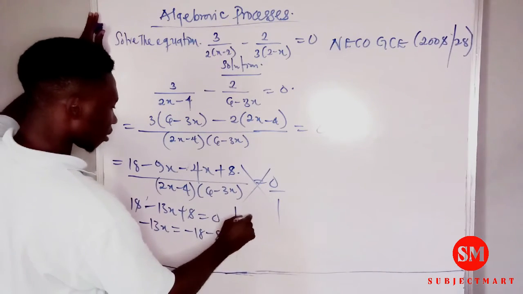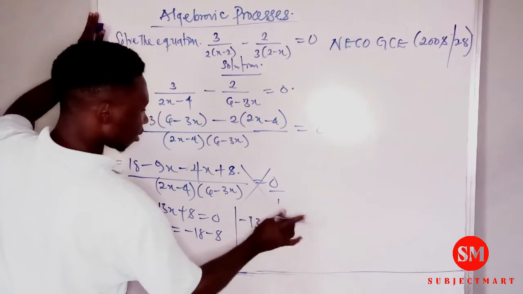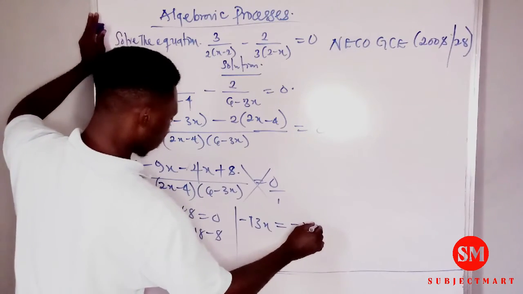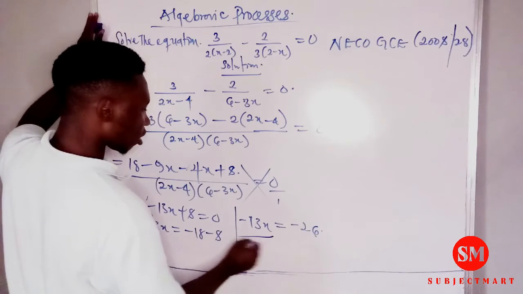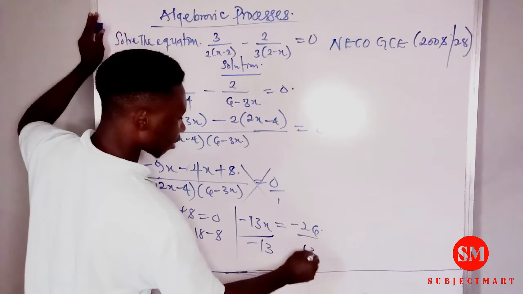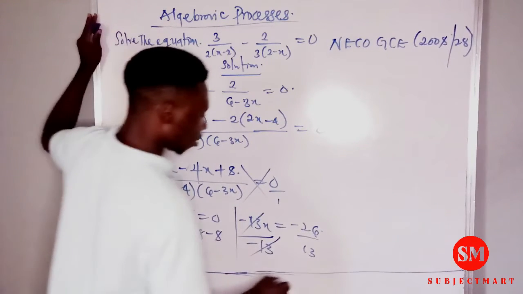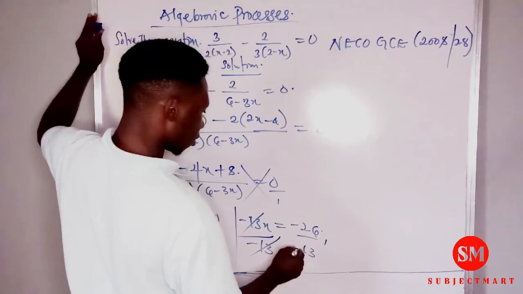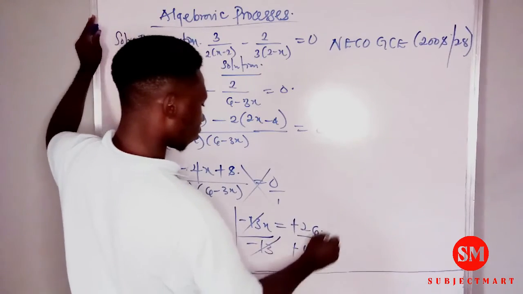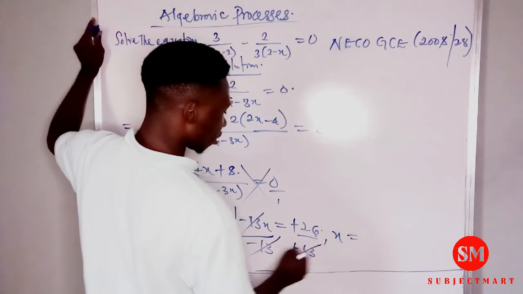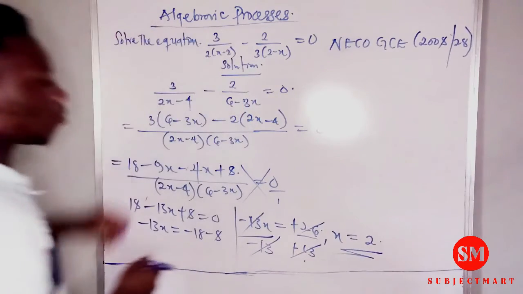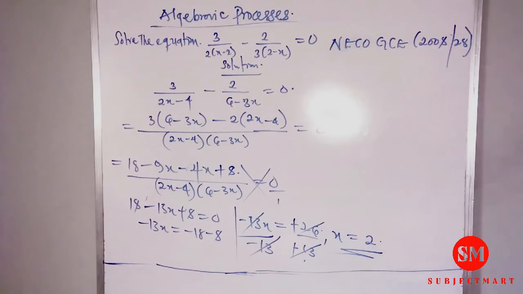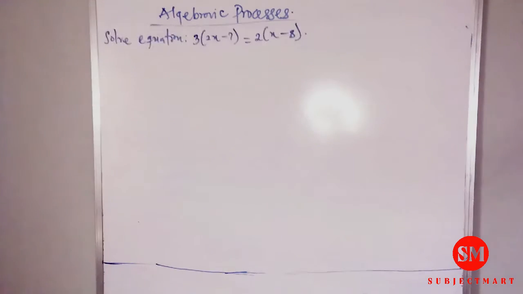This becomes minus 13x is equal to minus 26. So at this junction, divide both sides by 13. So 13 cancel minus 13. So minus cancel minus, so x here is equal to 13 here 1, 13 in 26 twice. So this leads us to our final answer, which is x is equal to 2.